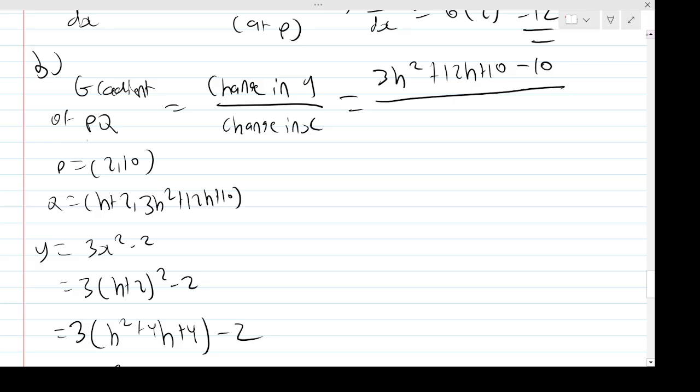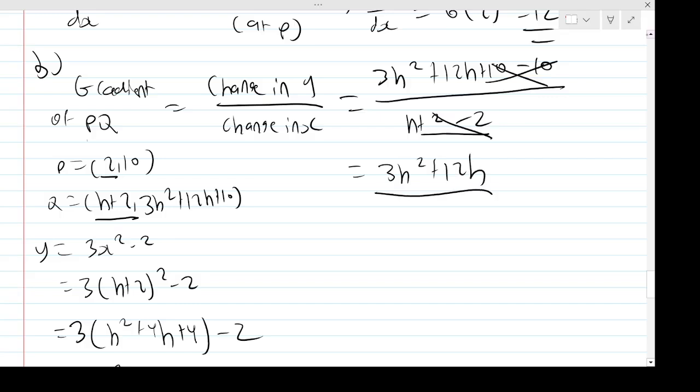So the x coordinate at Q is h plus 2, take away x at P, which is 2. Then we can simplify, right, because 10 minus 10 goes away. So it's 3h squared add 12h on the top. And then h plus 2 minus 2, they cancel as well. So it's just over h, okay?